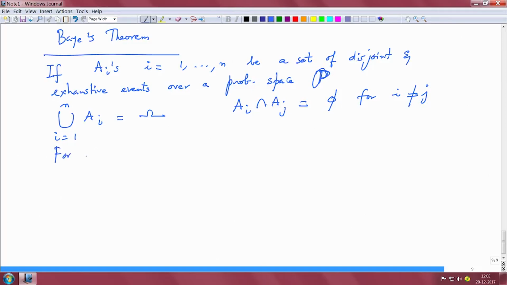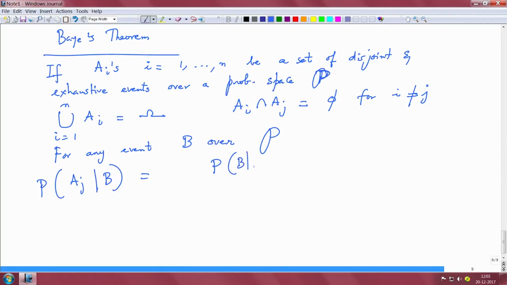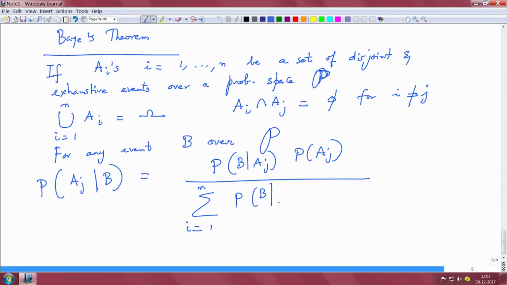Then for any event B over this probability space P, the probability of A_j given this event B is probability of B given A_j times probability of A_j divided by summation i going from 1 to n probability of B given A_i times probability of A_i.